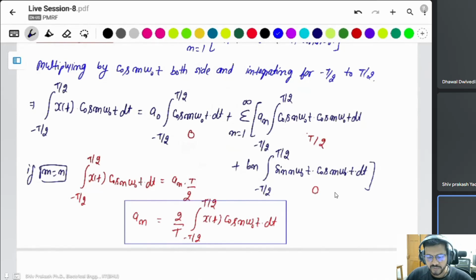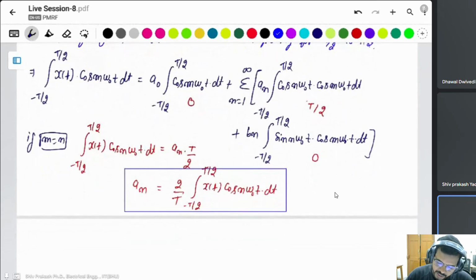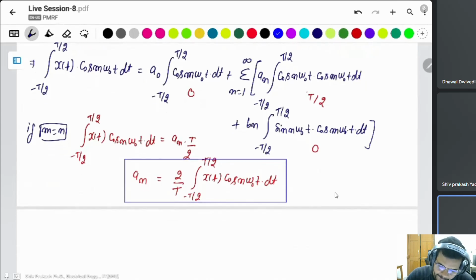Okay, same thing you can apply for the bn also. In that case, this will be multiplied by the sinusoidal signal sin n omega t. If m is equal to n, then this will be cancelled out, cosine term cancelled, only sine term is remaining, and the average term also 0.